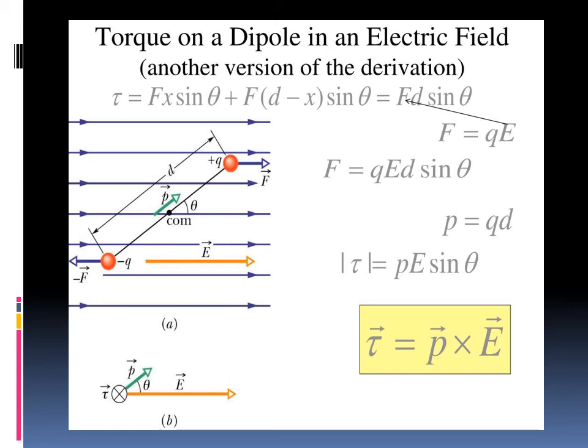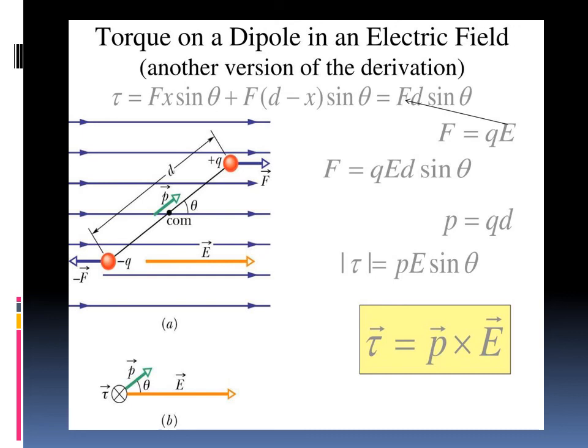So students, we are again at the point where we say that the torque is the cross product of the force and the displacement, right? We have derived earlier that force is QE. Put here QE and this d sine of theta, right?